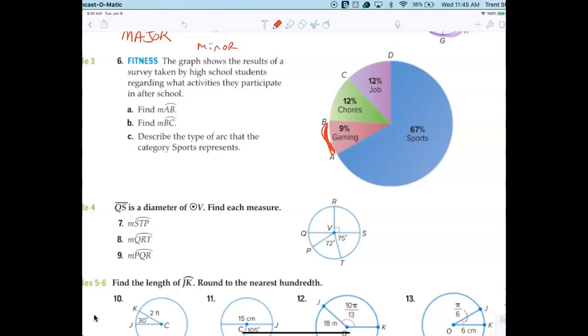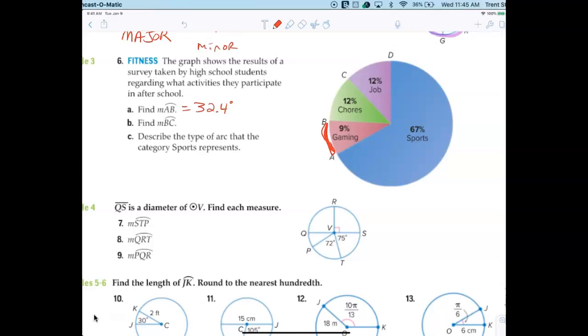So what would the measure of AB be? 9% of 360. 32.4 degrees. Everybody okay with that?